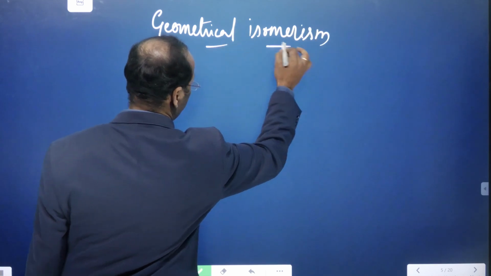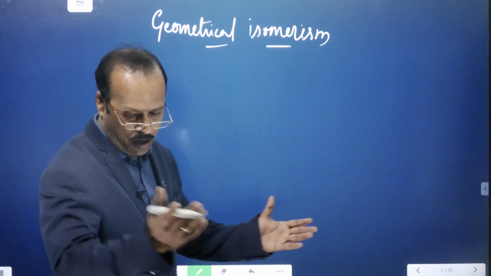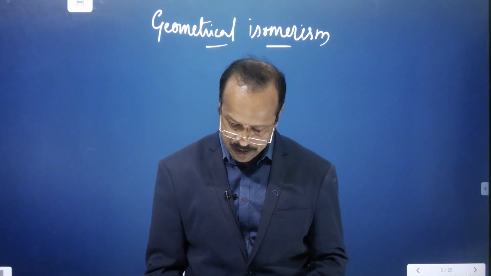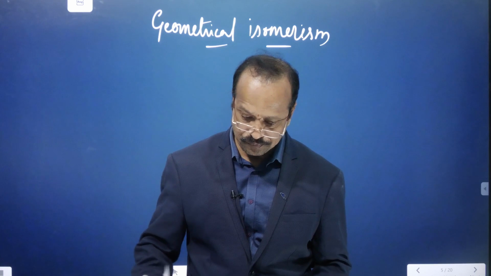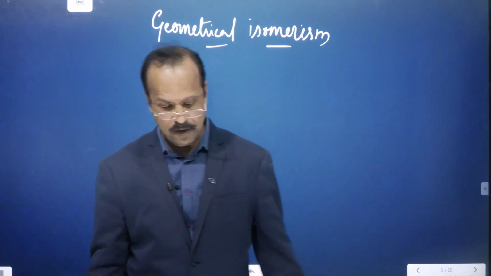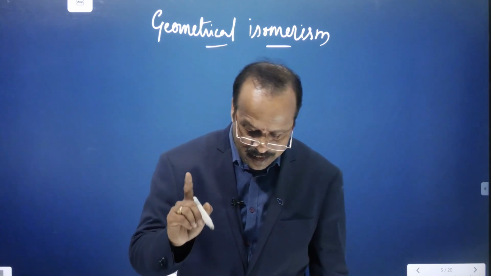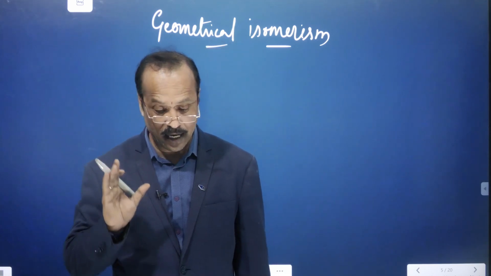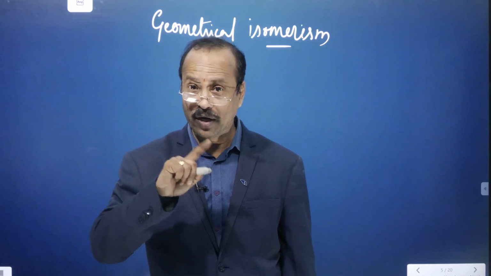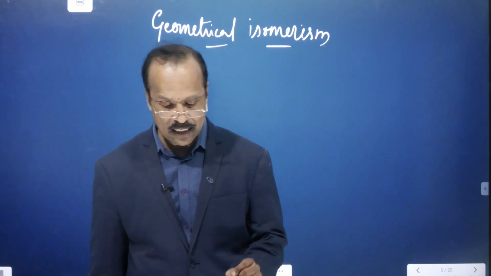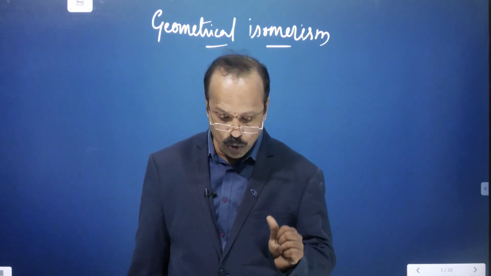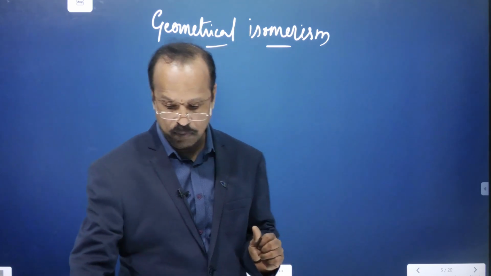You can see the same definition in your material on page number 93. When each double-bonded carbon atom is bonded to two different groups, based on their spatial arrangement, two isomers known as geometrical isomers are possible.